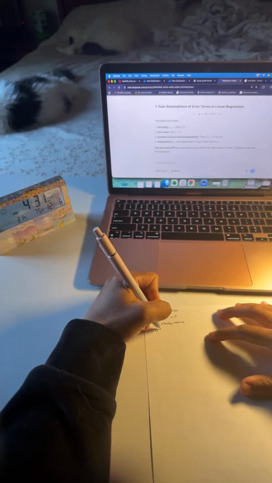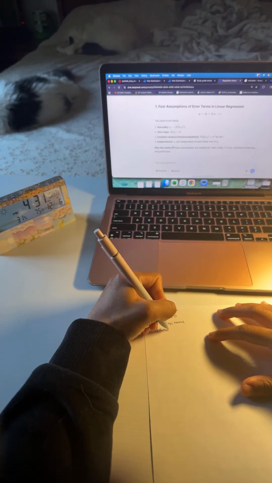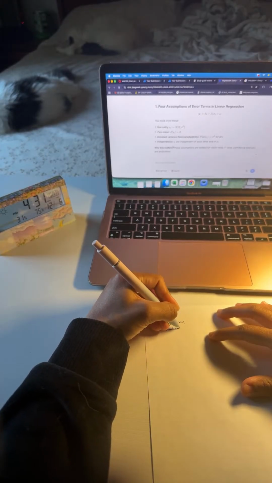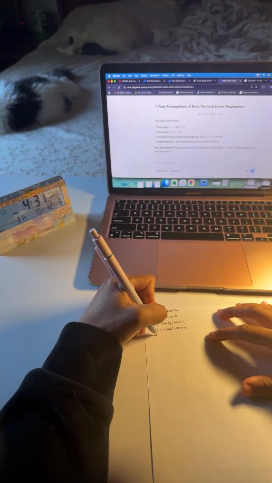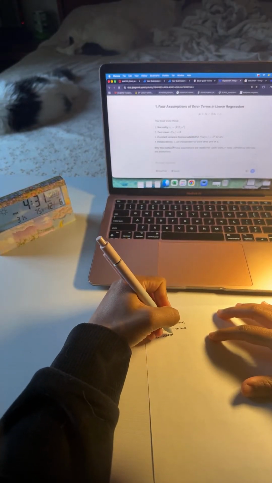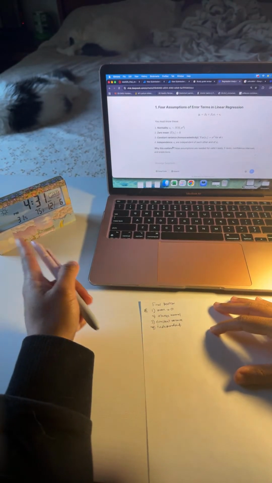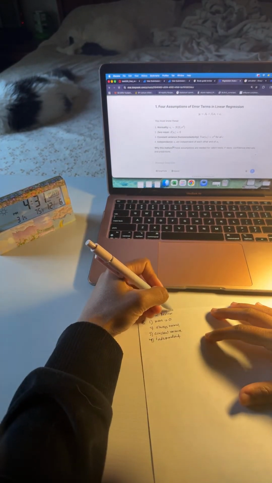Number 3, equal variance. Number 4, independent. That's easy. Yeah, better safe. You're right. Thank you.